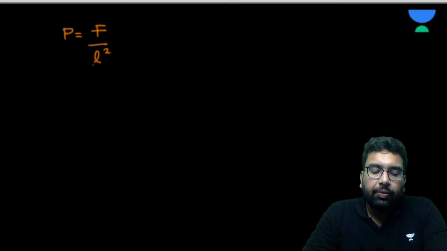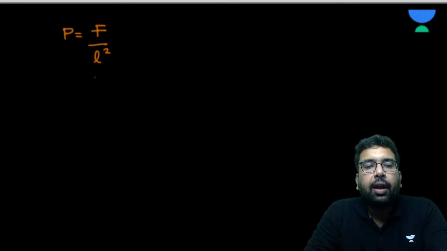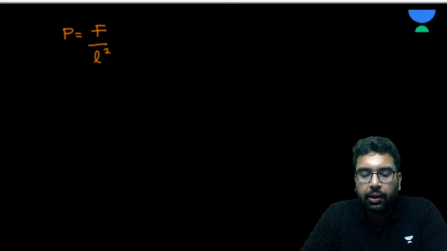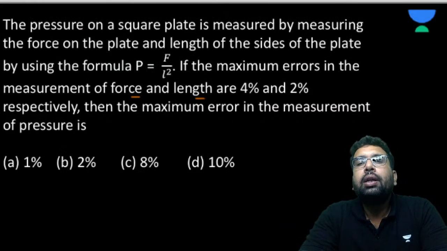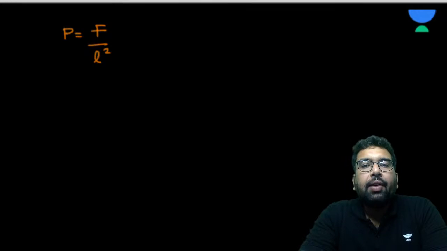When the expression or equation of a physical quantity consists of some other physical quantities, all these physical quantities are measured in some way. There must be some arrangement to measure the force and some arrangement to measure the length. In every measurement, there is always some error.